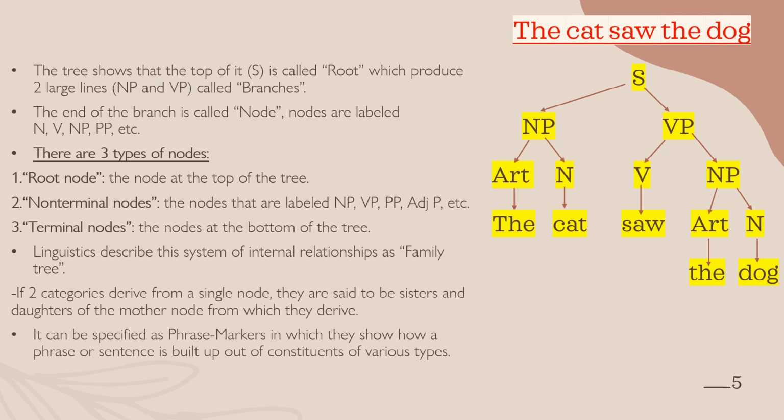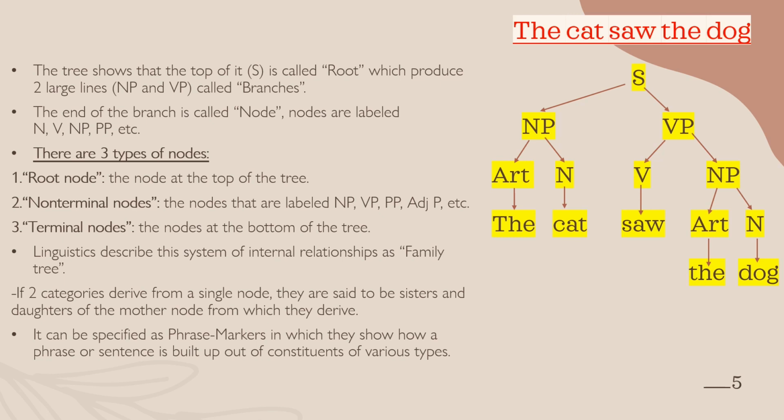The noun phrase is "the cat": "the" is the article and "cat" is the noun. The verb phrase consists of a verb and a noun phrase. The verb is saw, and the noun phrase is "the dog." "The" is the article and "dog" is the noun.